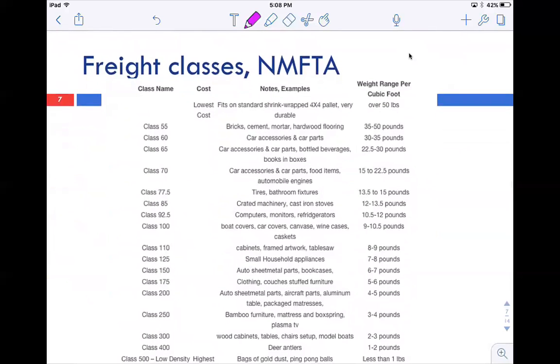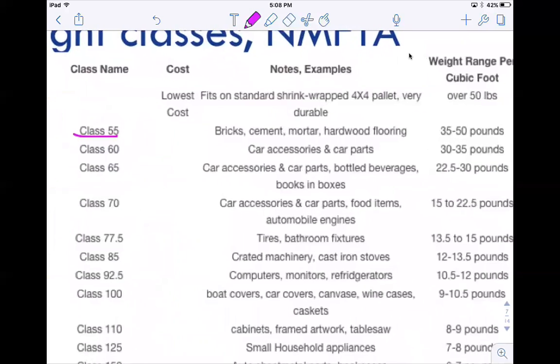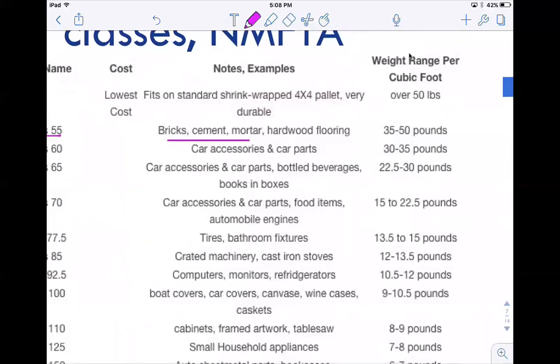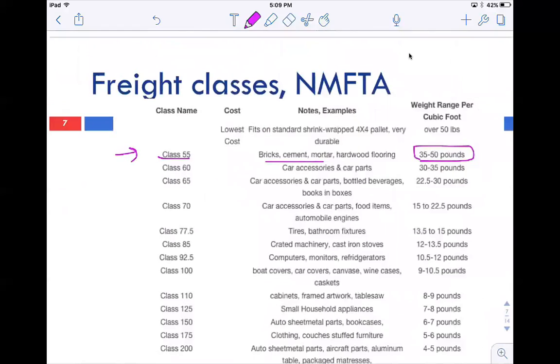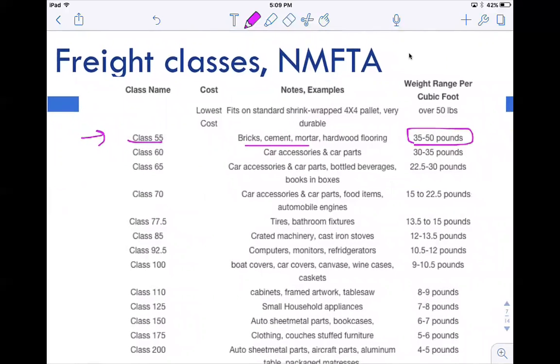But this is the table, the set of classes, that a less than truckload company might be using to quote their customers. For example, class 55 is composed of things like bricks, cement, mortar, and hardwood flooring, and it basically says the weight range per cubic foot changes from 35 to 50 pounds. The classes are just to help the company plan their pricing mechanism and hopefully communicate better with their customers.